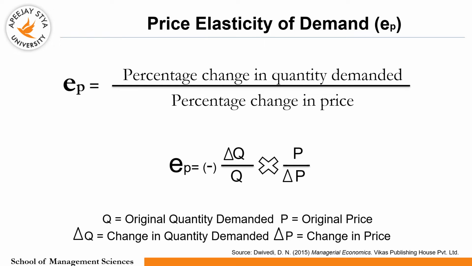It is important to note here that a minus sign is generally inserted in the formula before the fraction in order to make the elasticity coefficient a non-negative value, which shows the negative relationship between price and quantity demanded.